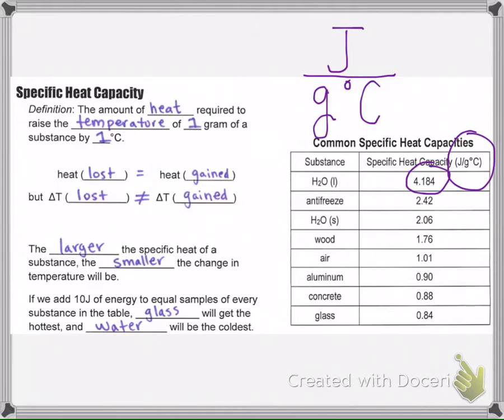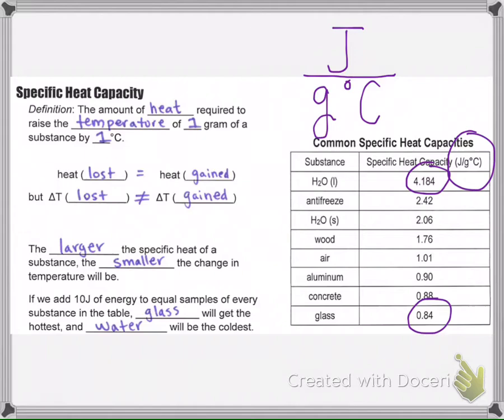Now, the larger the specific heat of a substance, the smaller the change in temperature will be. Therefore, if we give 10 joules of energy to equal samples of every substance, glass will get the hottest and water will be the coolest. Glass has the lowest specific heat of these particular examples.